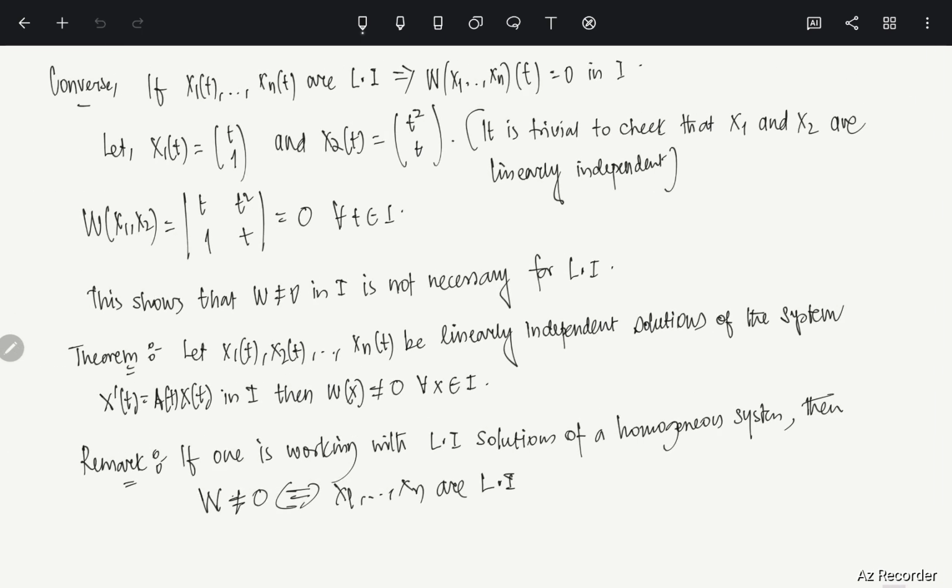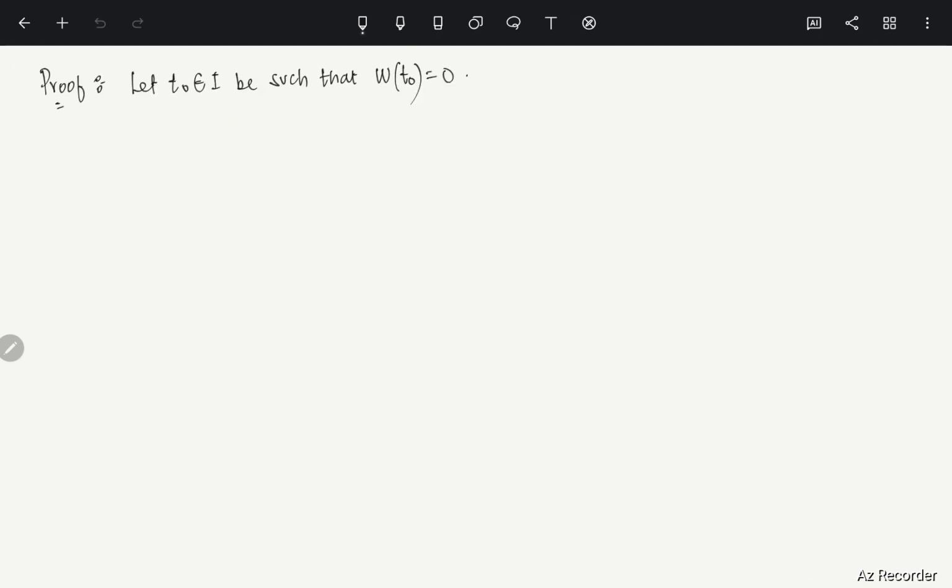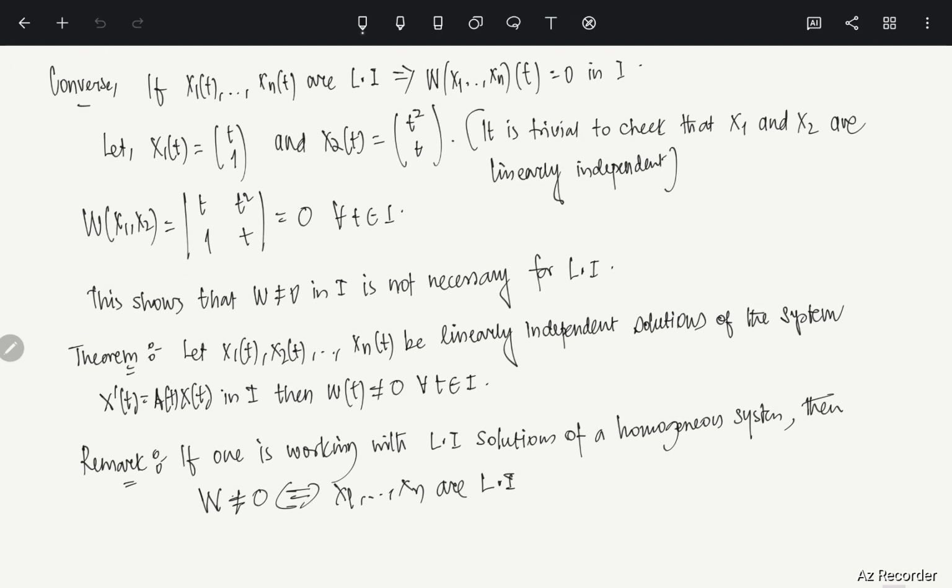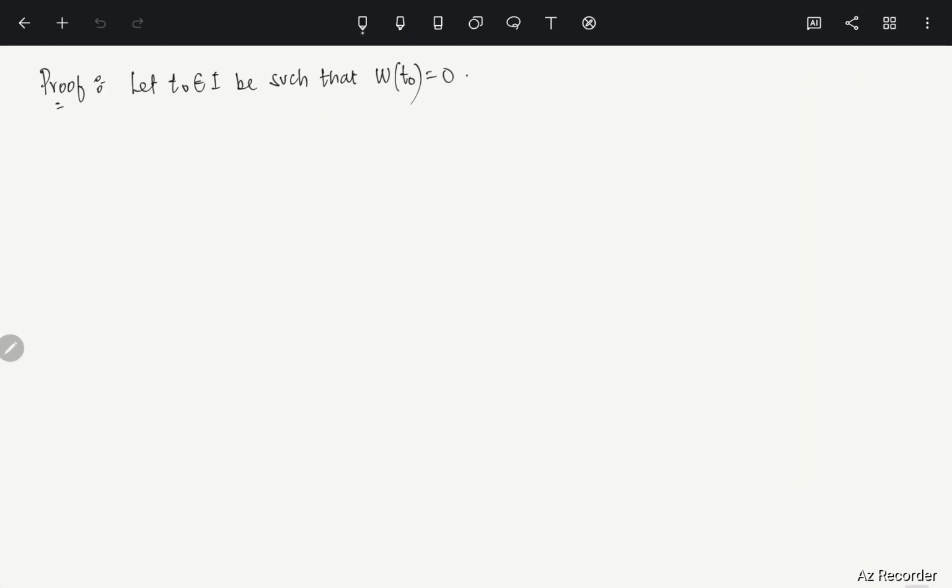Sorry, I should write t, because I am writing t everywhere; I should not write x. It will be confusing for you guys. So what I need to prove is this: if they are linearly independent solutions of some system, not any function but solutions, this is important, then the Wronskian is not 0. So basically what I am doing is, let's start with the point t naught where the Wronskian is 0. Let's see what happens.